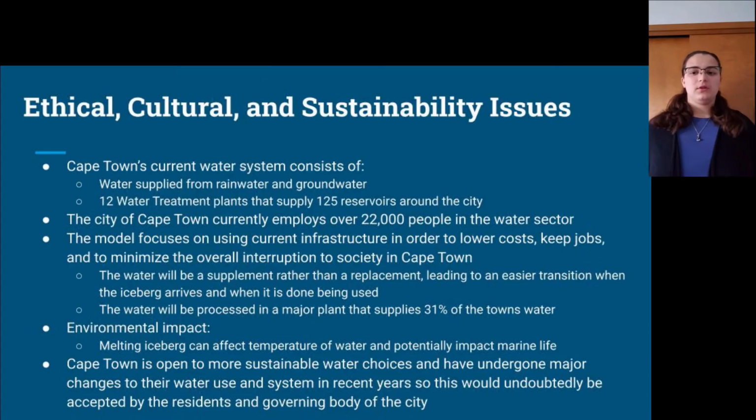Overall, Cape Town seems to be open to more sustainable water choices, and they have undergone major changes to their water use and system in recent years. So we concluded that they would likely be open to using this system to supplement their water.